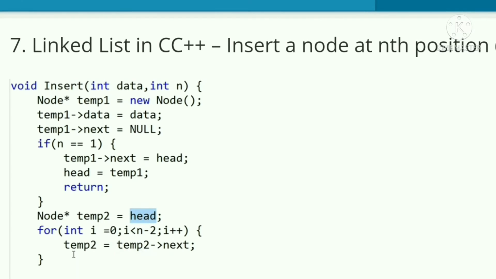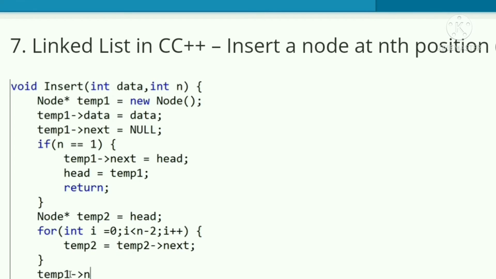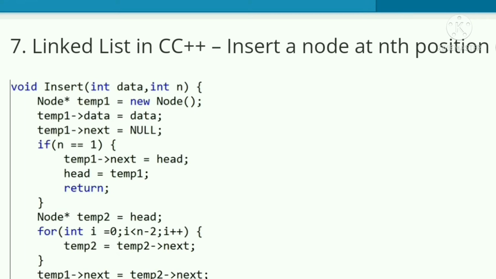So if we do this temp2 equal temp2.next n-2 times, we will be pointing temp2 to n-1th node. And now the first thing that we need to do is set the next or the link field of newly created node as the link field of this n-1th node, and then we can adjust the link of this n-1th node to point to our newly created node.